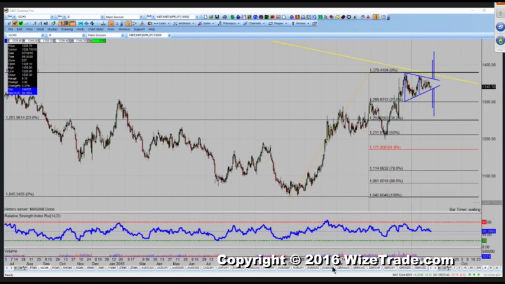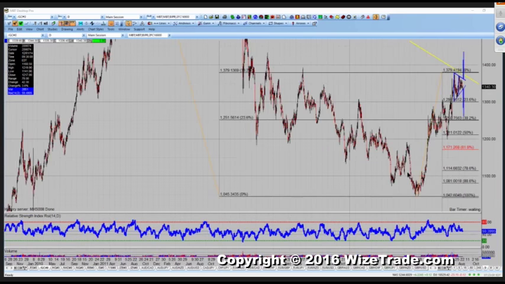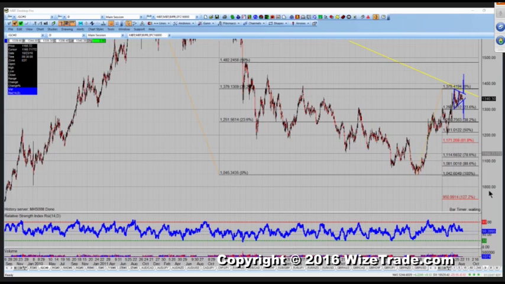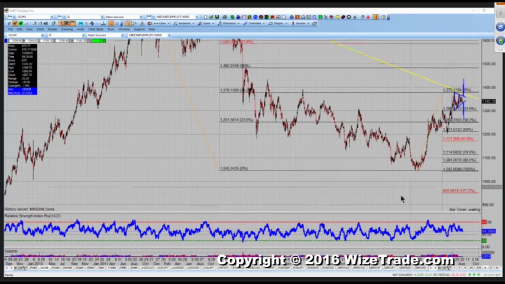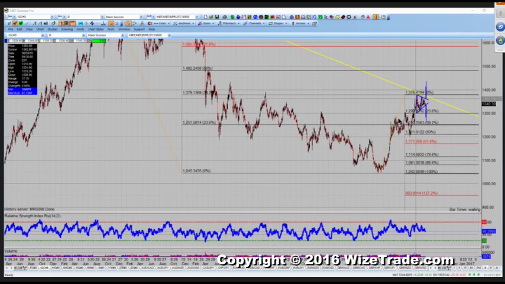But anyway, what I was saying with gold is we're at that 38% retracement, and we're forming this triangle right below it.